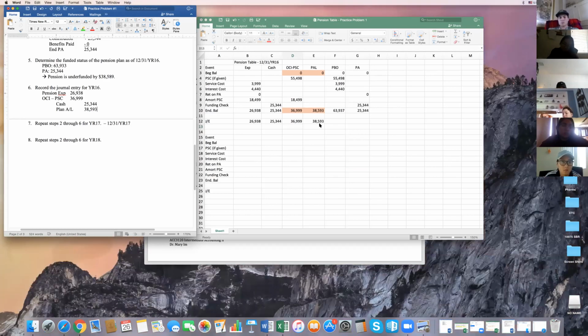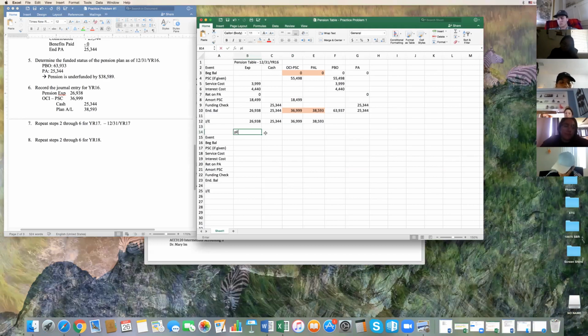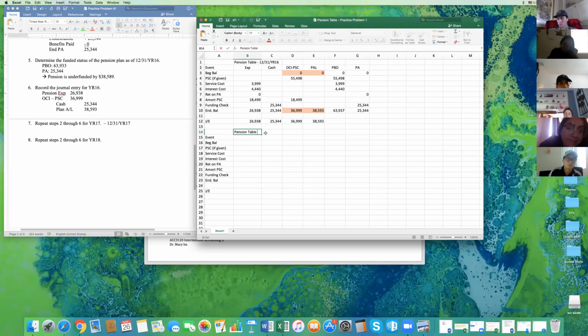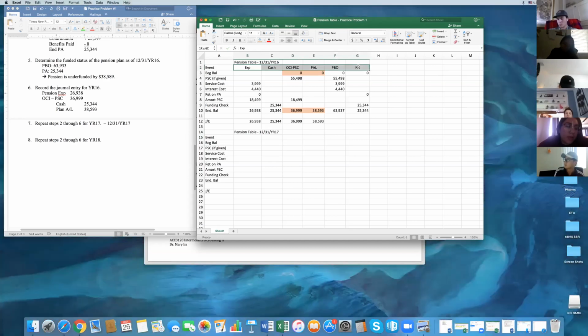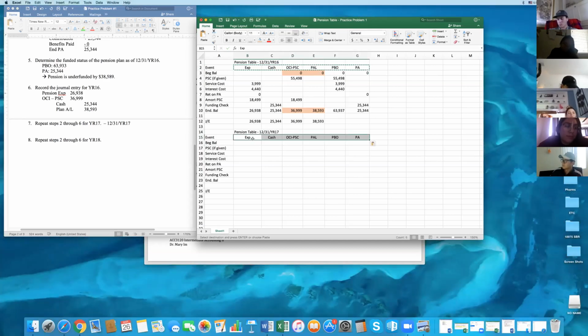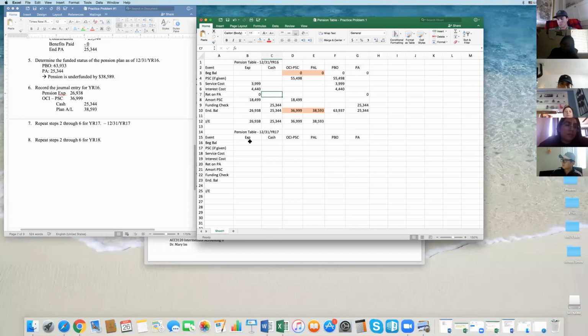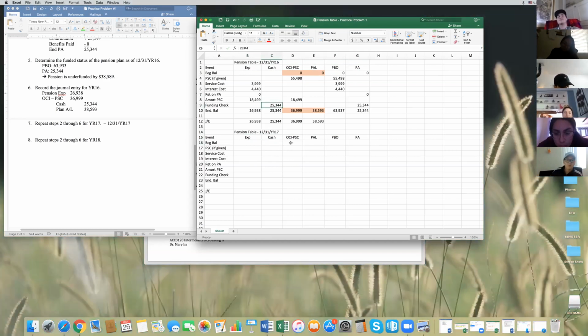Now let's do year 17. So pension table for December 31, year 17. Let me copy the headings and then beginning balance, right? So for expense and cash, that will be just zero. Expense is an income statement account, and for cash we always only account for the payment of 2533.44.